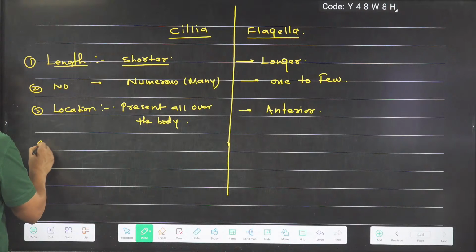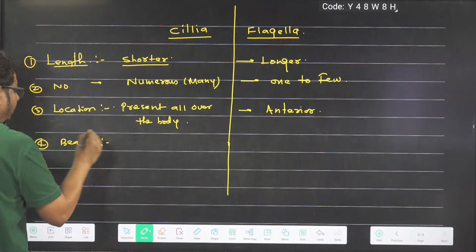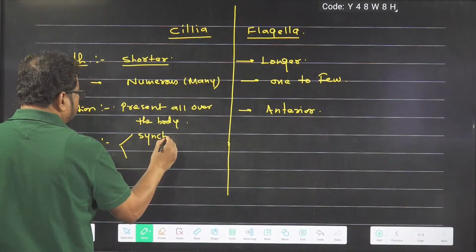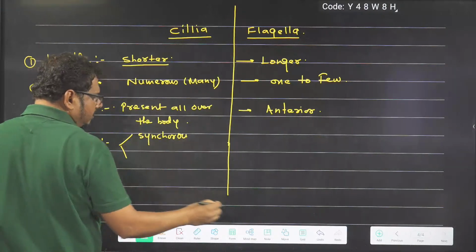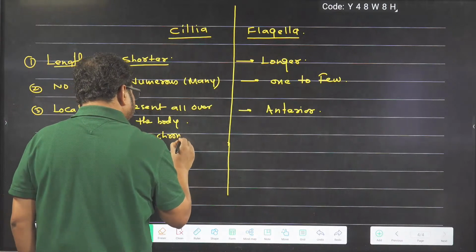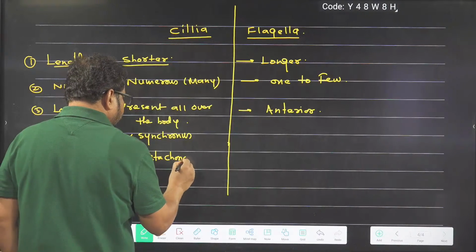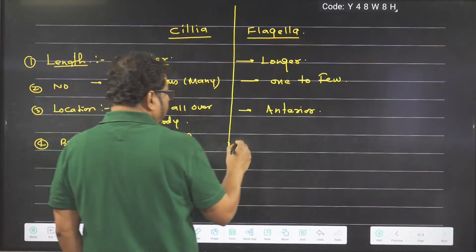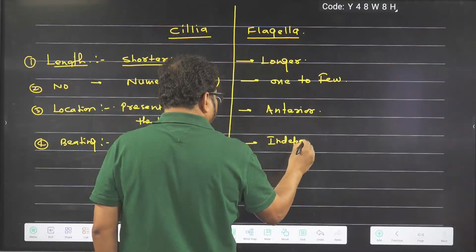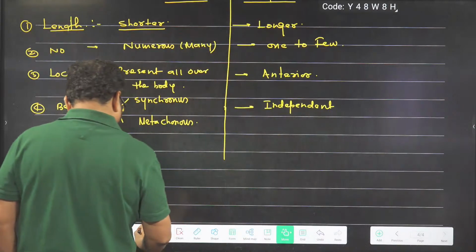If we talk about beating, how it is moving, two types of ciliary beating occur: synchronous and metachronous. Got the idea? Independent beating occurs in flagella. Now I am telling you the meaning of synchronous and metachronous.